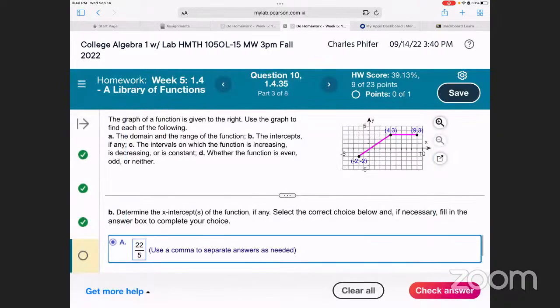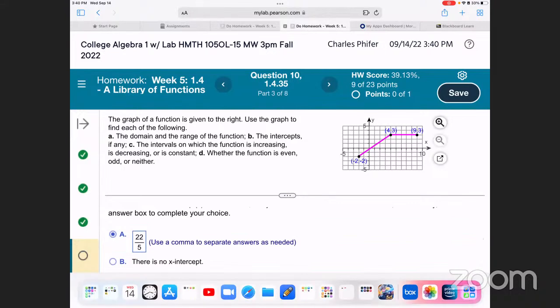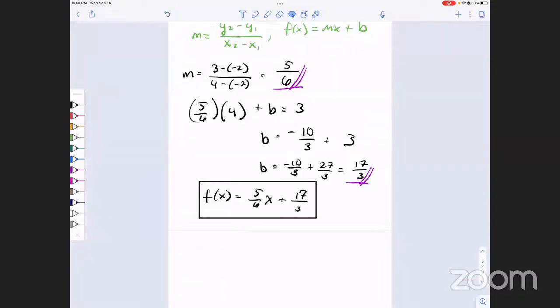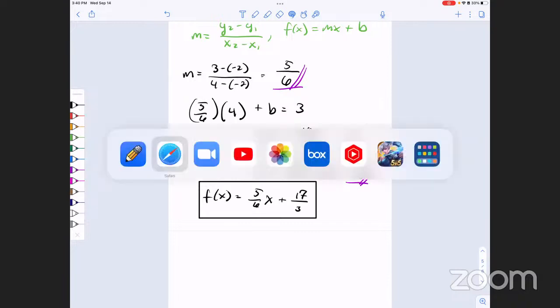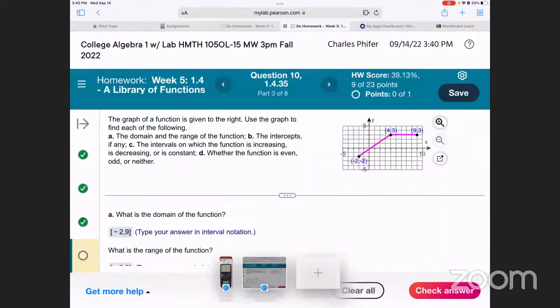Let me write it out. 22 right here. If you set that to 0 and solve, you subtract and divide. Wait a minute. What is the question asking for? Intercepts. Let me check again.